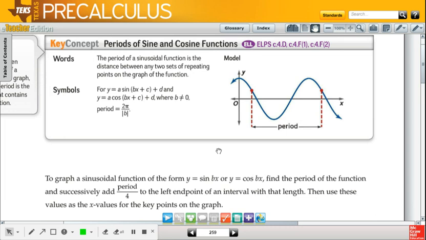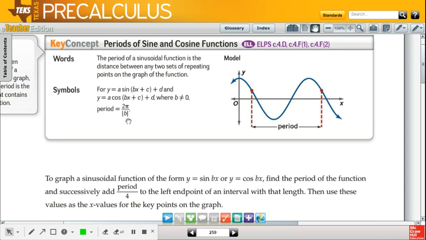Now, the symbol, or basically the formula for a period, as stated, for y equals a sine of bx plus c plus d, and y equals a cosine of bx plus c plus d, where b is not 0, the period is equal to 2 pi over the absolute value of b.